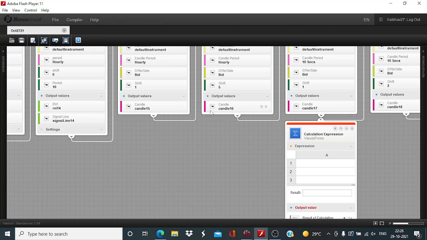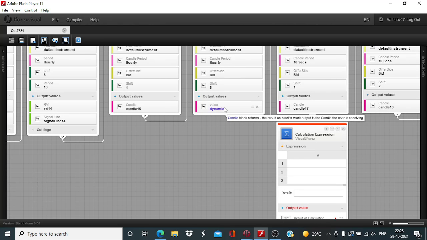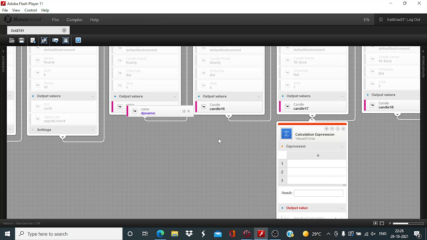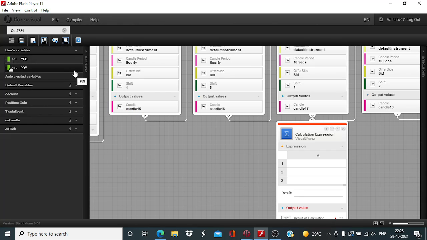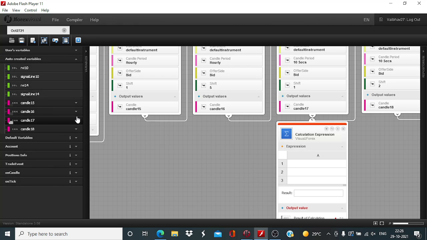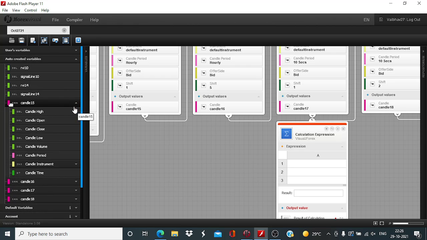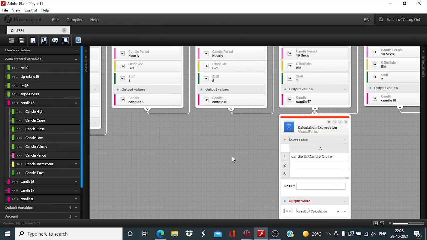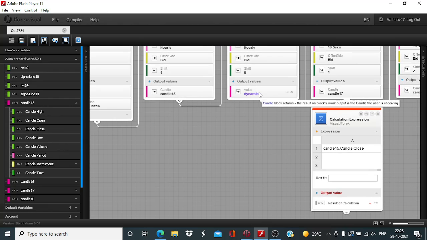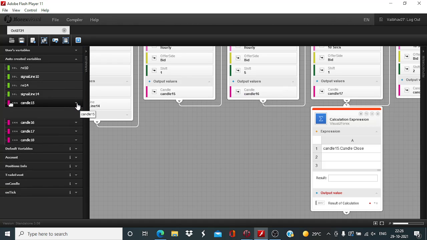Candle 15 close needs to have been greater than candle 16 close by at least 20 pips. So not this way. We go to the auto created variable where we have this candle 15 candle close, and I will deduct candle 16 candle close from it.